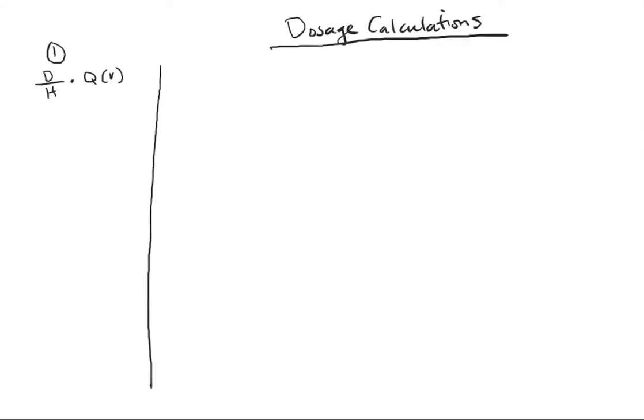In these particular questions, you're going to notice that there's going to be a doctor's order, and there's going to be what you have on hand, also known as your availability.